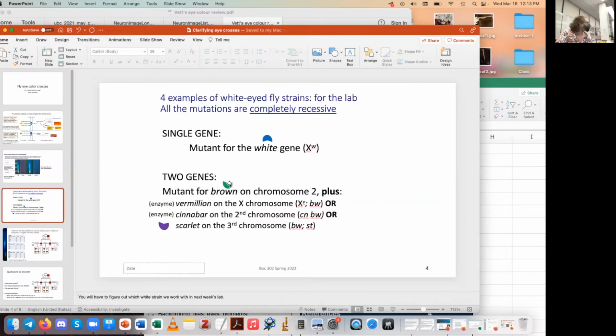So just to reiterate again, the reason why we can rule out the single gene is because we found brown eye flies. That would also be true if we found orange eye flies, right?